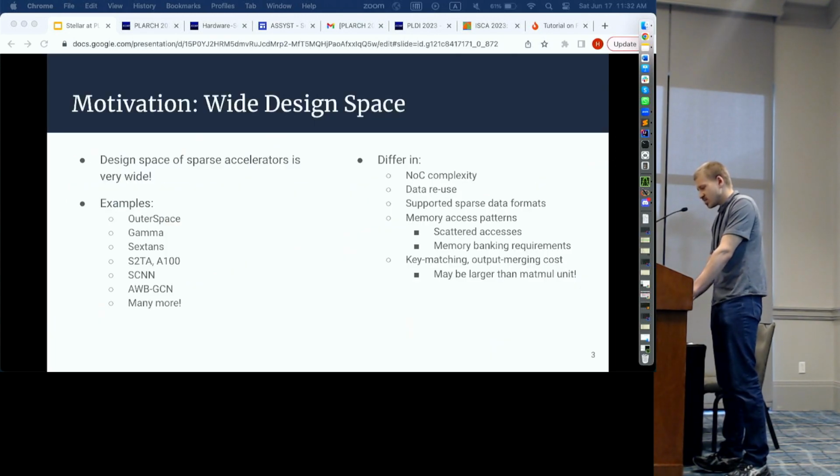So firstly, why is a tool like this new DSL even needed, right? What's wrong with our current methods of designing sparse accelerators? One big issue is that the full design space of sparse accelerators is just very, very wide.